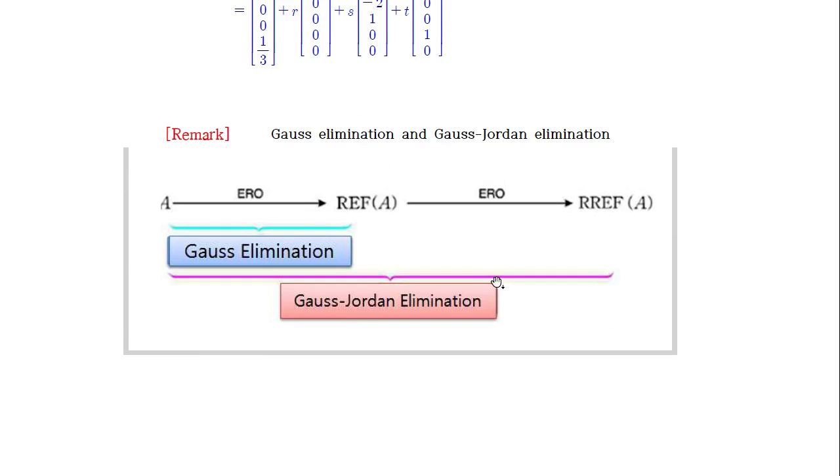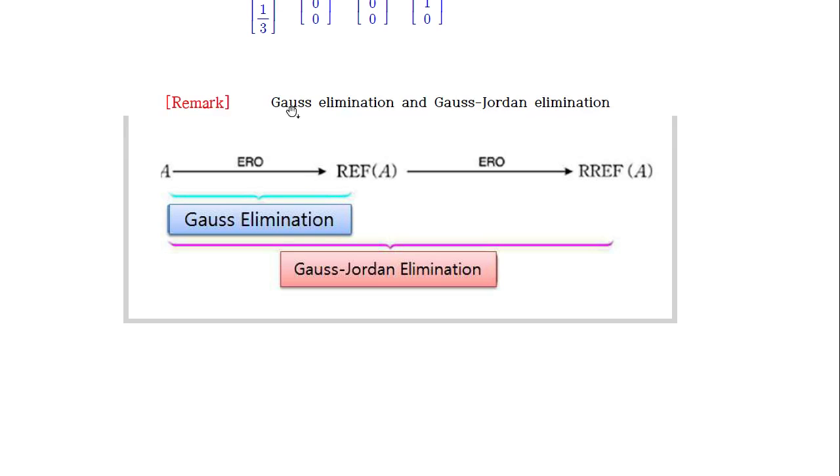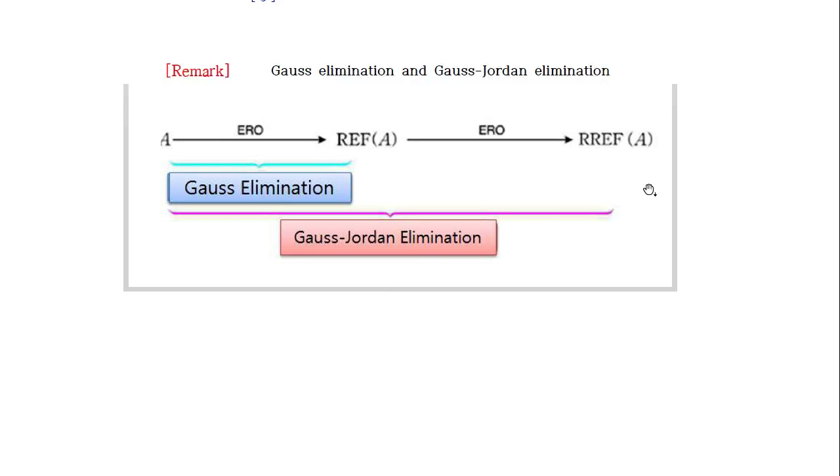Okay, summary: Gaussian elimination and Gauss-Jordan elimination. Gaussian elimination is a method using the REF form of A by elementary operations. Gauss-Jordan elimination is a method to solve the linear system of equations by using the RREF of the augmented matrix.